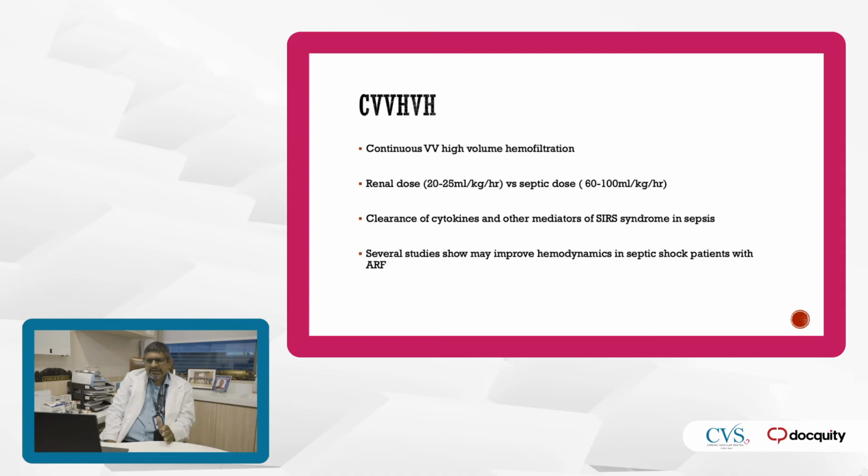The theory behind that is at these doses, we are not just removing renal toxins, but also inflammatory substances like cytokines and other mediators of the SIRS syndromes in sepsis. So there are several studies, particularly from Italy and Australia, that have shown that CVVH, high volume hemofiltration, may actually improve hemodynamics in septic shock syndromes with acute renal failure.